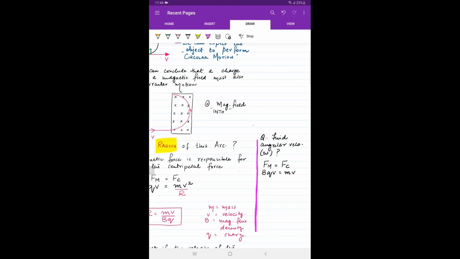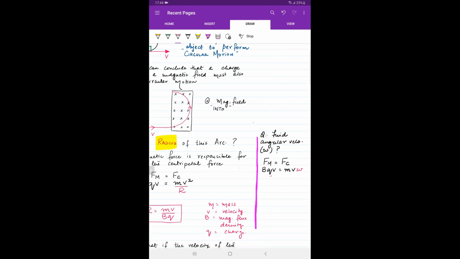This time I'm writing omega with the red marker. Because previously मैंने r को red से लिखा था ना, because मुझे radius obtain करना था. So यहाँ से calculate करके omega का एक तो आंसर आ जाएगा.